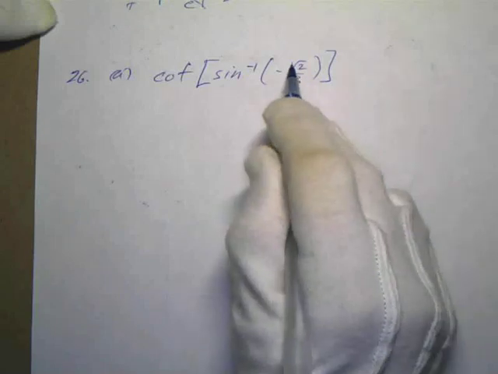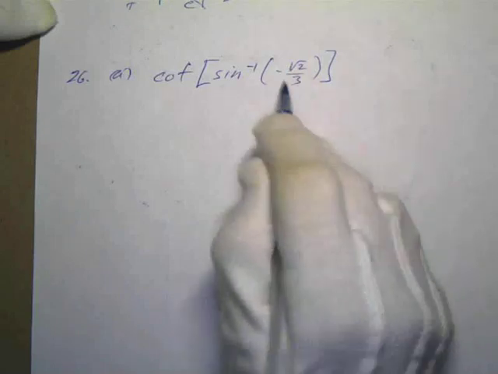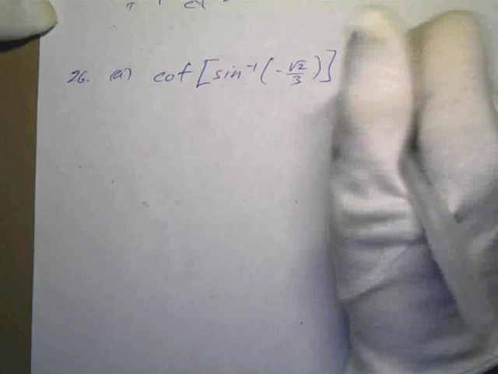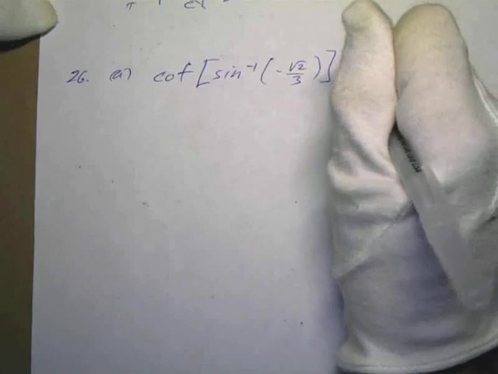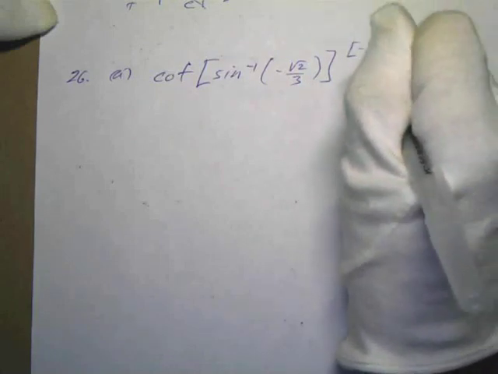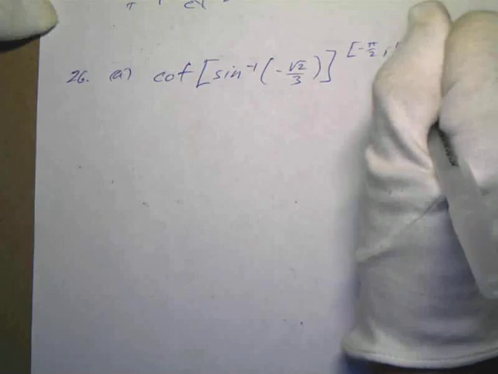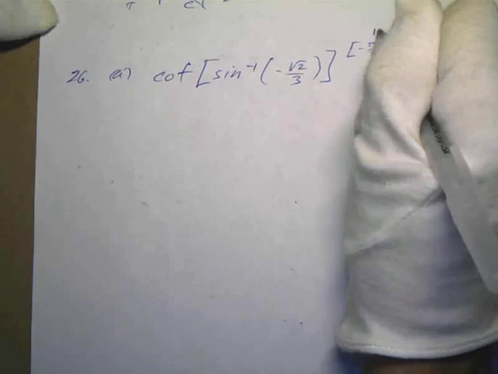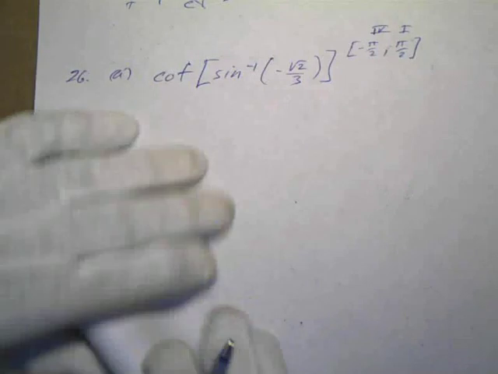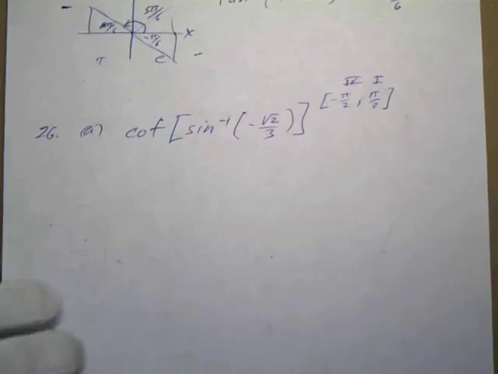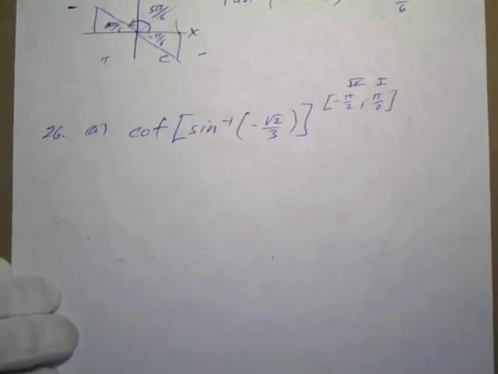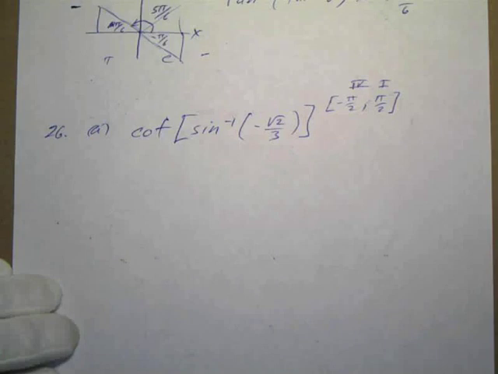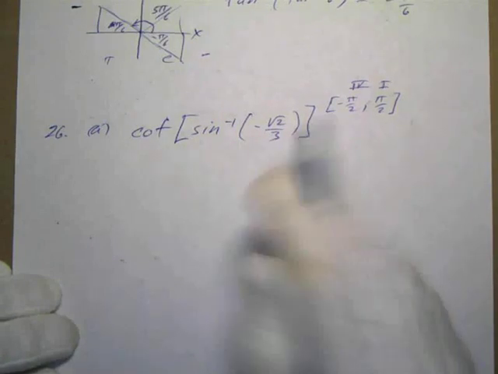Since it's negative, it's positive in quadrant 1 and negative in quadrant 4, so it's got to be in quadrant 4.